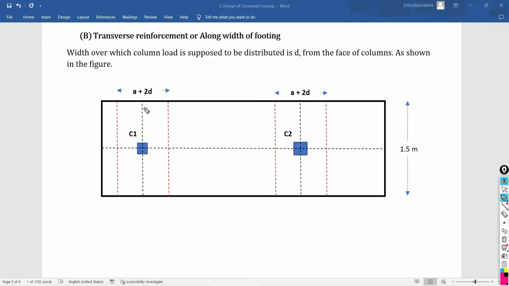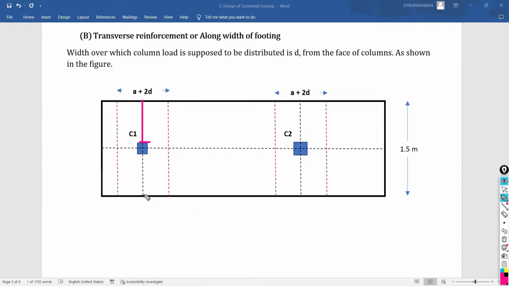Very first I want to calculate how much moment is going to be developed at the face of column C1, and I have to do the calculation for C2 also. First of all we are going to concentrate on column C1. Here I want to calculate the moment at the face of column C1 in the transverse direction. For that I need to know the projection from the face of the column.